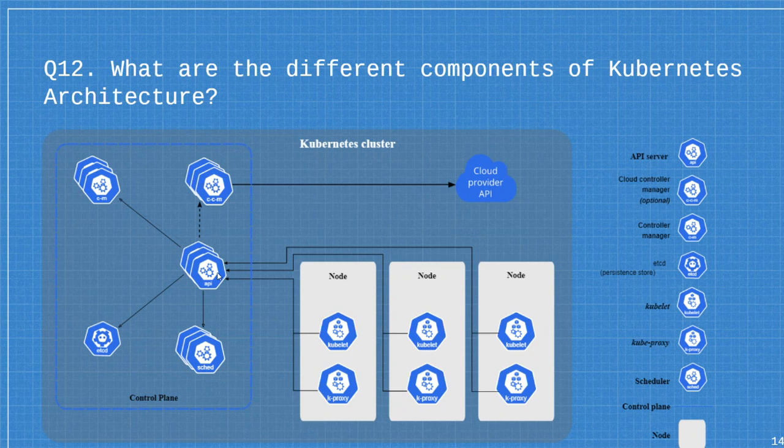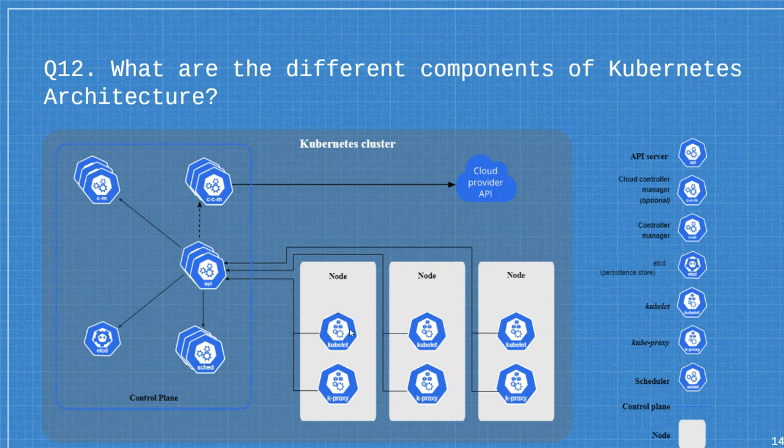Scheduler will check and give its result to API server. API server writes that in etcd and then creates the pods in the worker node, and then again writes in etcd that they are created. That's the part of the control plane or master node.